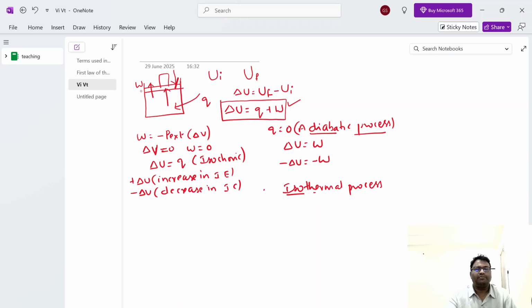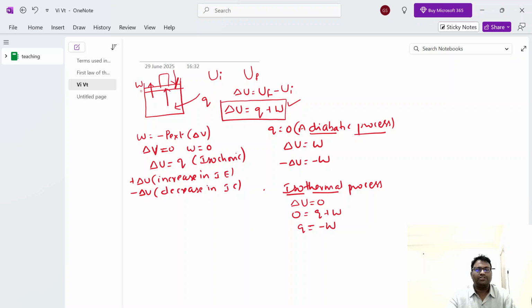Iso means same. Thermal means temperature. So when temperature is constant in an isothermal process, delta U is equal to 0. When delta U is equal to 0, if you apply it in the first law of thermodynamics, 0 is equal to Q plus W. Then what will happen? Q is equal to minus W.